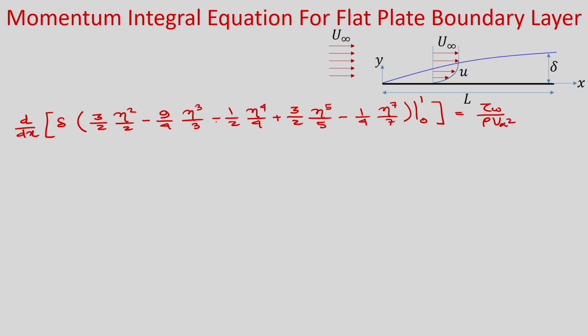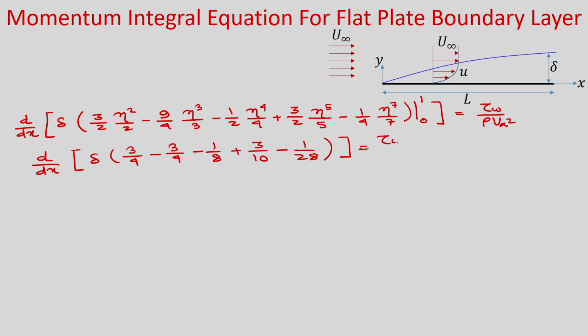Obviously, at η equal to 0, if you put it, it will become 0. If η is equal to 1, then you will get d/dx of delta times [3/4 − 9/4 divided by 3, so minus 3/4, minus 1/8, plus 3/10, minus 1/28] is equal to τw by ρU∞².